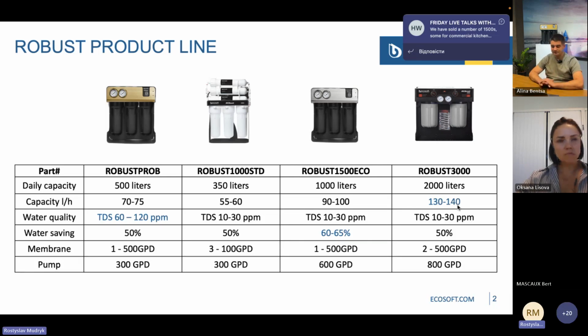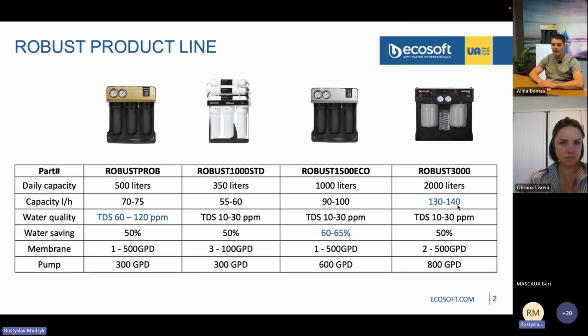When you select this kind of direct flow RO unit for your application, these are important values: what the daily consumption is, what the hourly consumption is, and what water quality you would provide to the end user. So these first three lines are very important for the selection of one of the models.